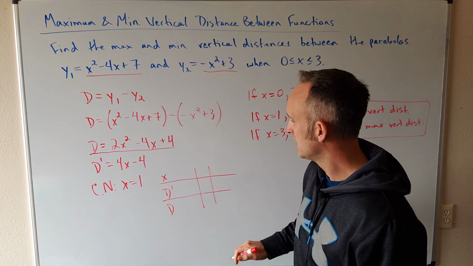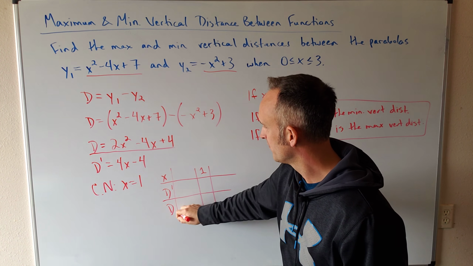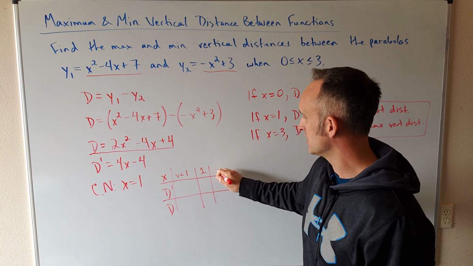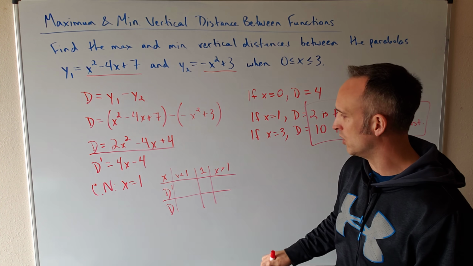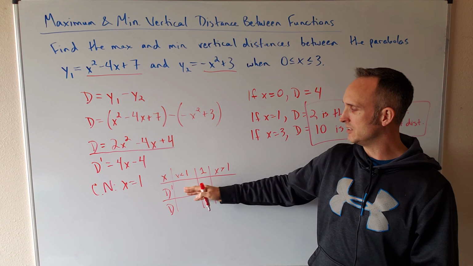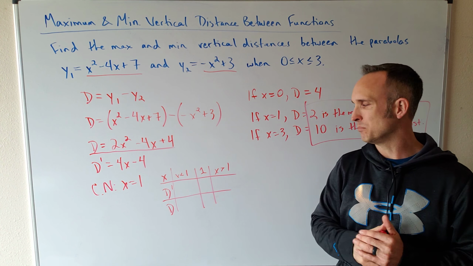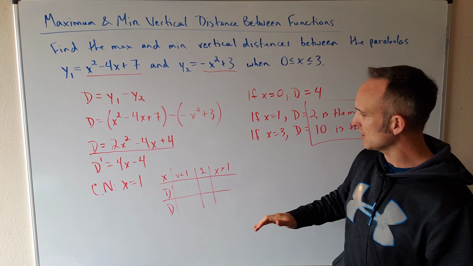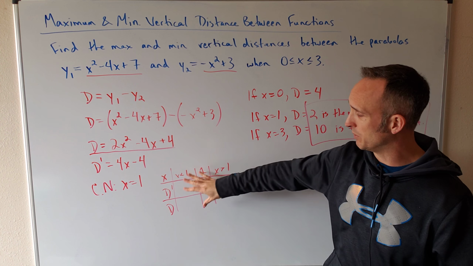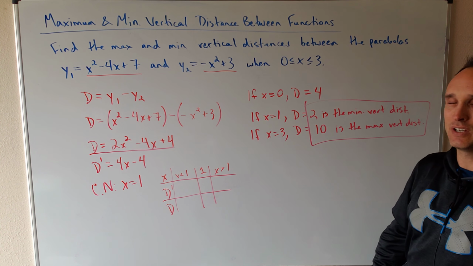We'd cut that at the x value 1, and we'd look at all x values less than 1 and all x values greater than 1, and use the increasing and decreasing behavior of the function to determine max and min. But since we had a closed interval, we could bypass all that, go straight to the extreme value theorem.